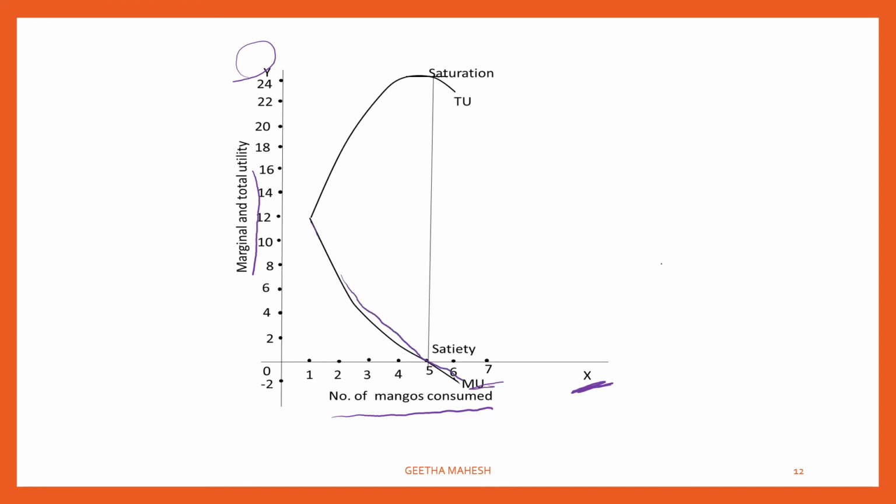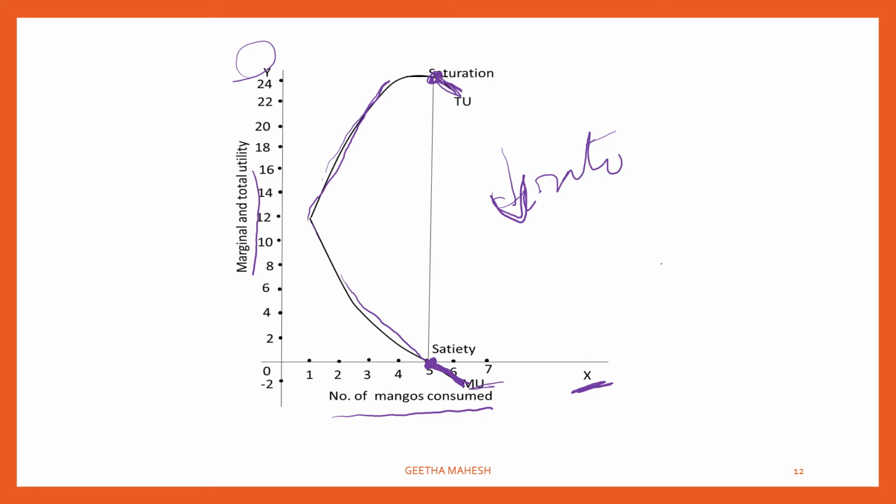But total utility is increasing, but it is increasing at a decreasing rate. When marginal utility is 0, total utility will be at its maximum. When marginal utility becomes negative, total utility starts decreasing.